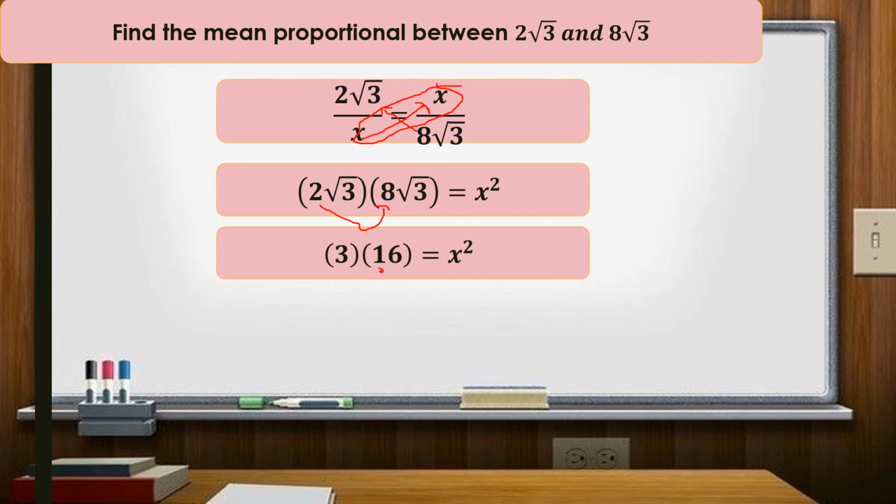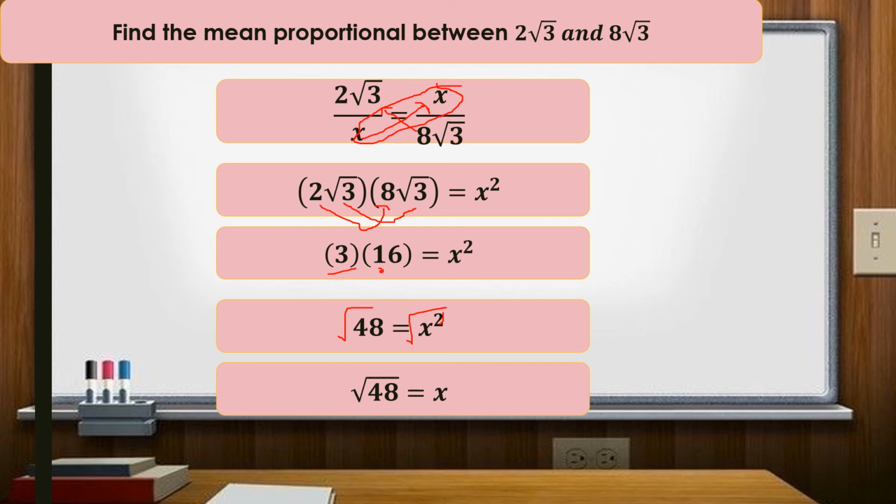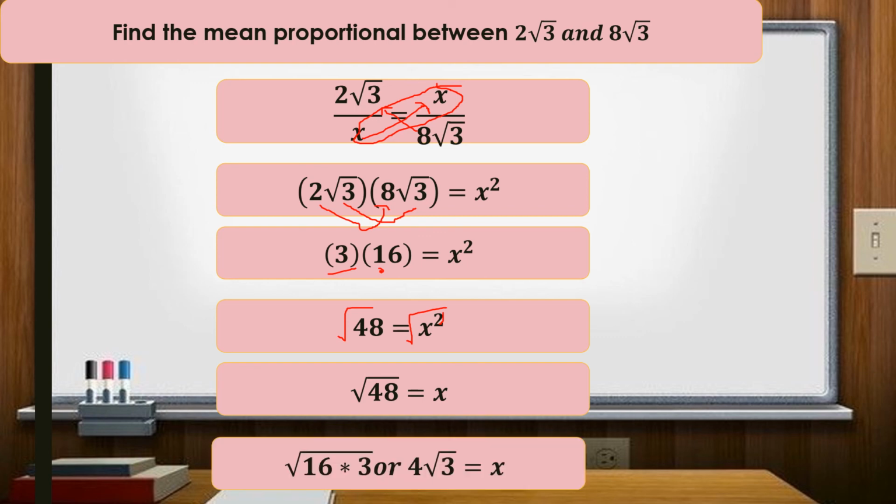And then square root of 3 times square root of 3 is 3. So we just multiply: 16 times 3, that is 48. Then equate. So the answer is the square root of 48, which radical form is 4 square root of 3.